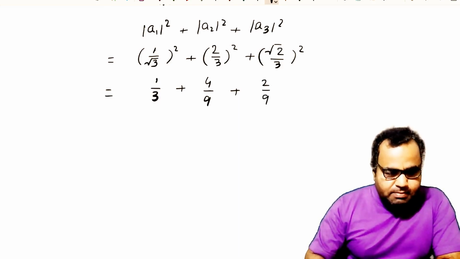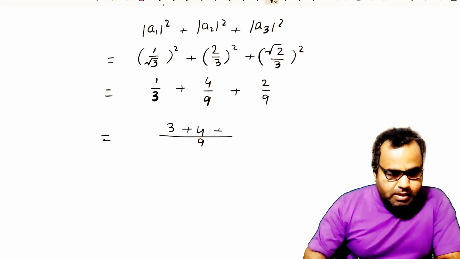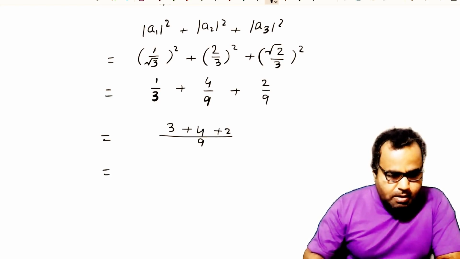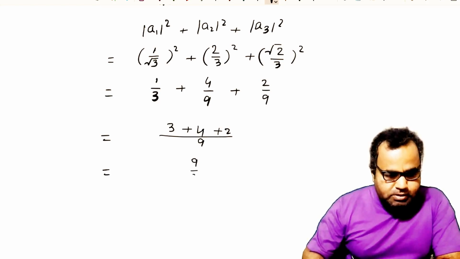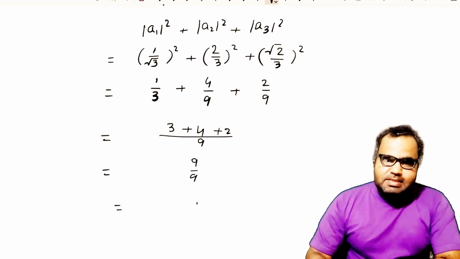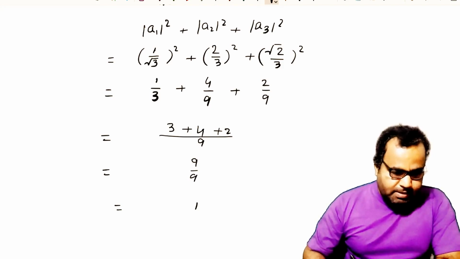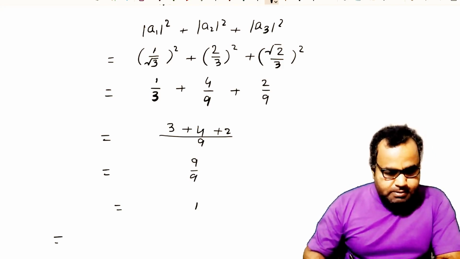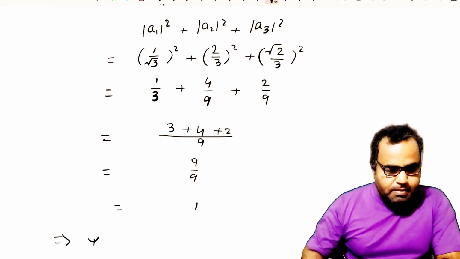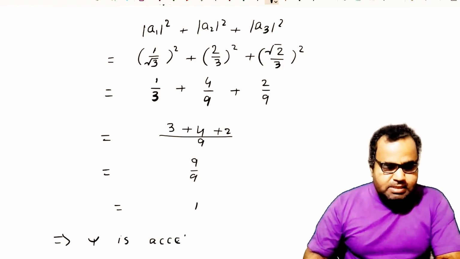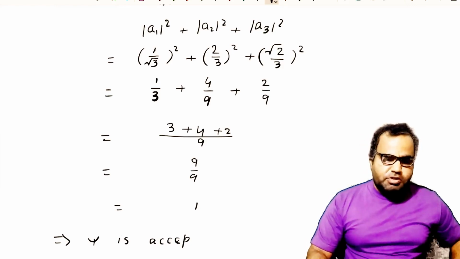After taking the LCM, which is 9, it will be 3 plus 4 plus 2, which is 9 over 9, so this is equal to 1. Since this is equal to 1, this implies psi is acceptable. This state is acceptable for a wave function.